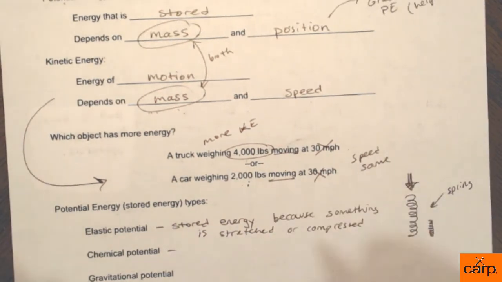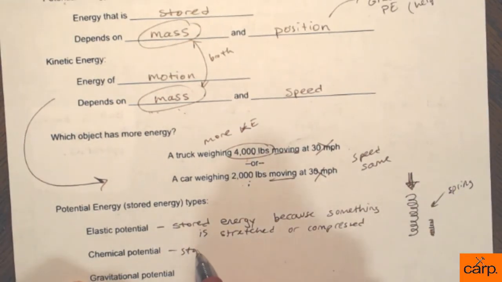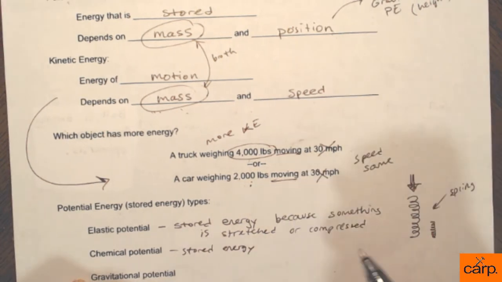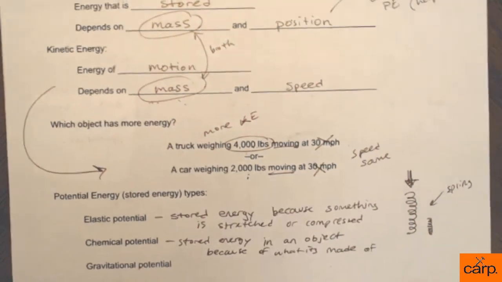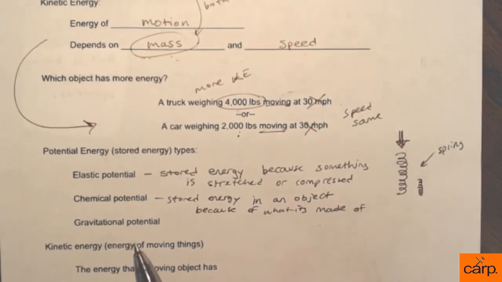For chemical potential energy, again, it's stored energy in an object because of what it's made of. A good example is gasoline.